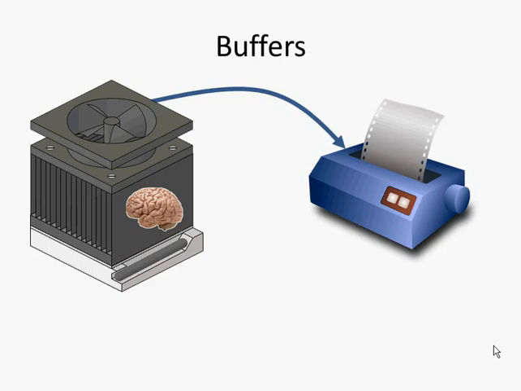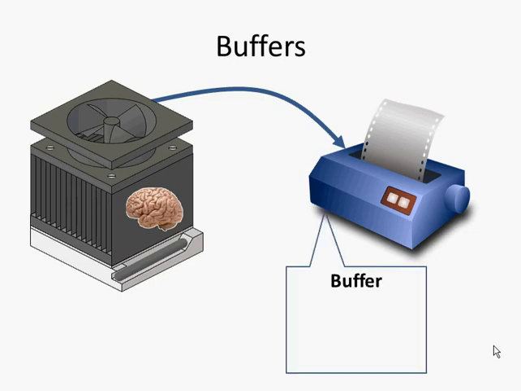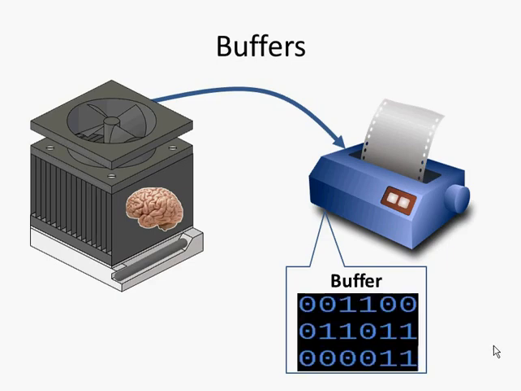And because the CPU works a lot faster than a printer can actually print material out, what happens is the CPU will actually send data into a buffer inside the printer, which is basically some memory space on the printer to be able to store ones and zeros and details about what needs printing out next. This frees up the resources of the processor so that it can do a different job. It doesn't have to wait for the printer, it can do another processing task.